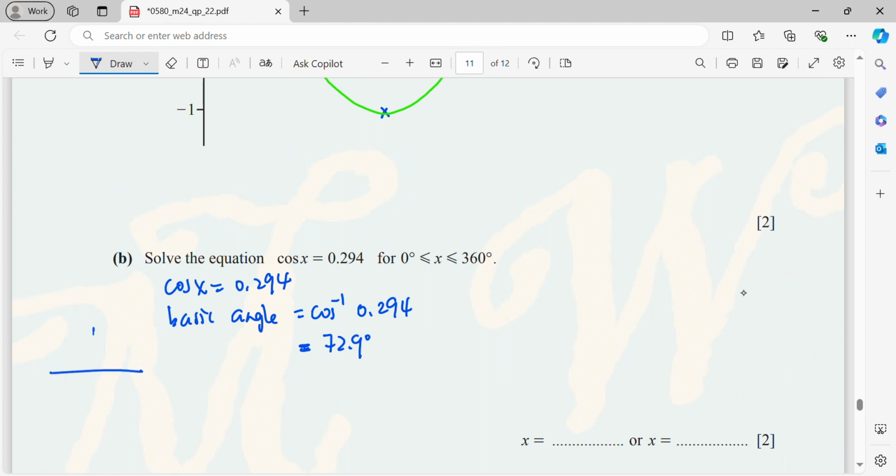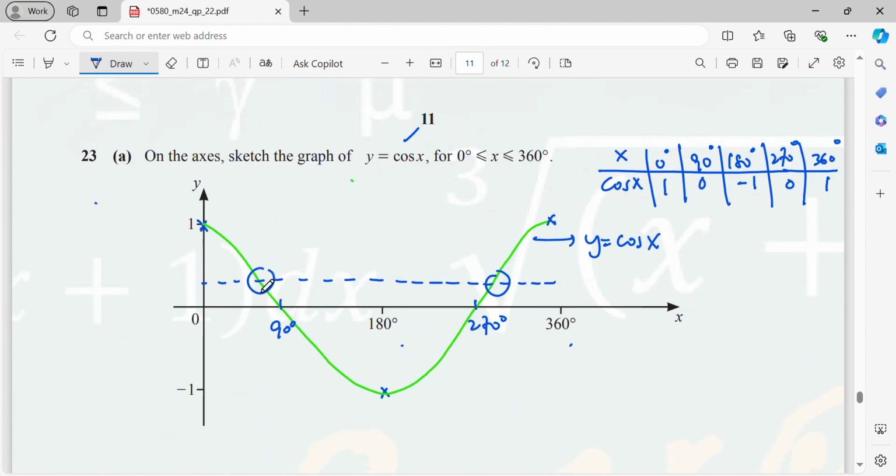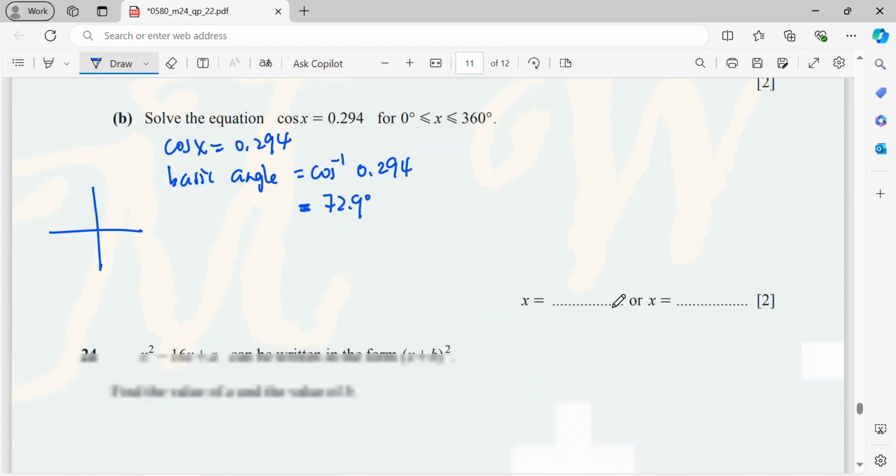Right? So if you use the graph, we know that it's in the first quadrant and last quadrant. Or probably you can just draw the quadrant diagram. This is 72.9 and here is 72.9. So my first angle is basically 72.9 and then my second angle will be counted from 0 until this. That means this is a major angle.